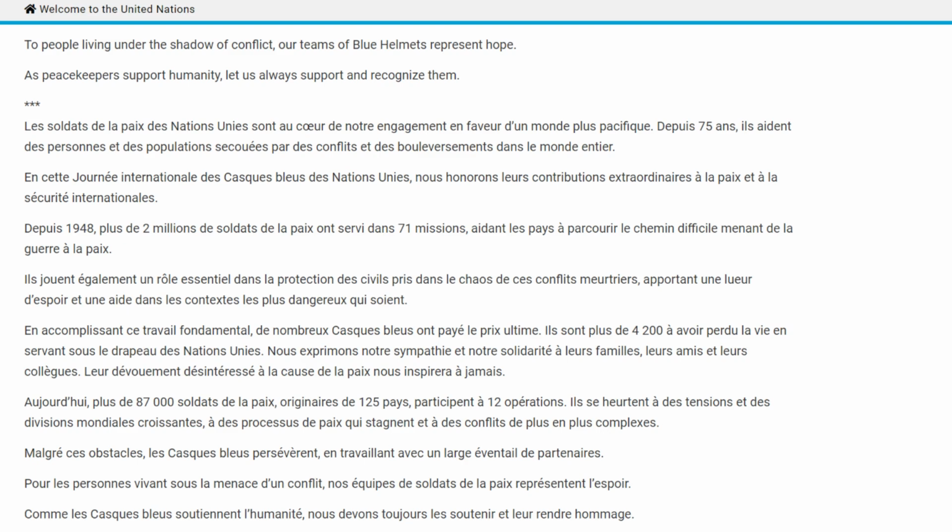Despite these obstacles, the peacekeepers persevere while working with a large number of partners. For people living under the menace of conflict, our team of peacekeepers represents hope. Just as the peacekeepers support humanity, we must always support them and also recognize them.